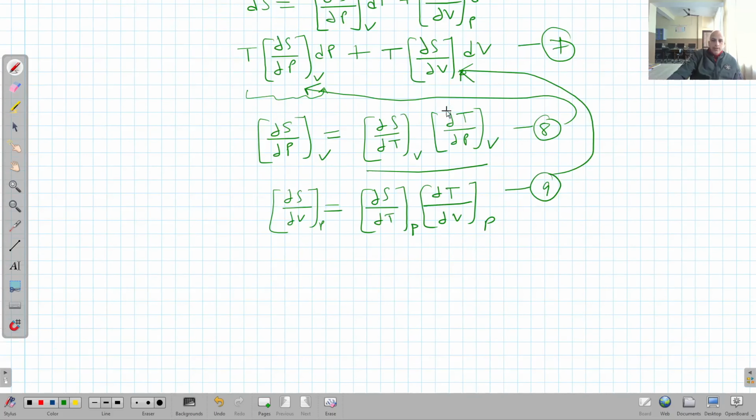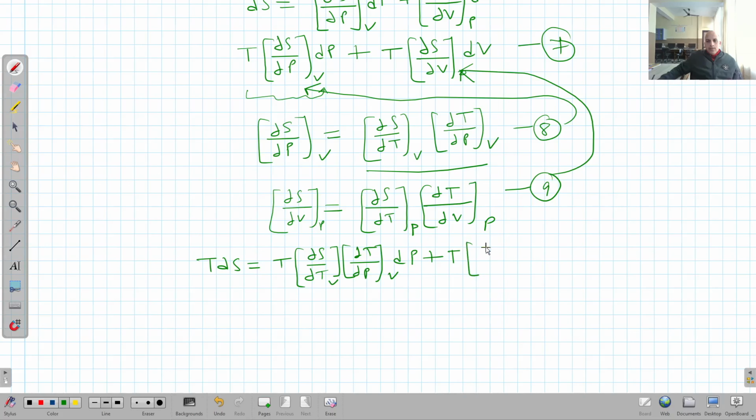So when you put these values, you will get TdS is equal to T into curly S upon curly T at constant V into curly T upon curly P at constant V dP plus T curly S upon curly T at constant P into curly T upon curly V at constant P dV. It is equation number 10.